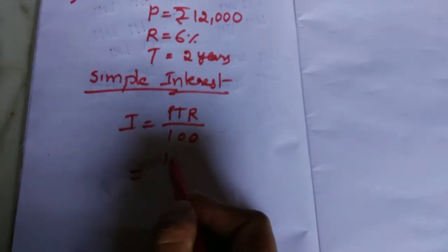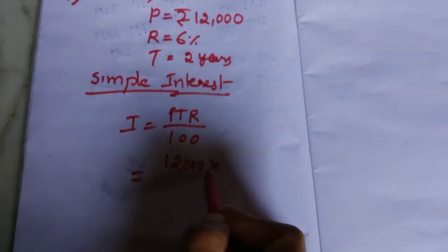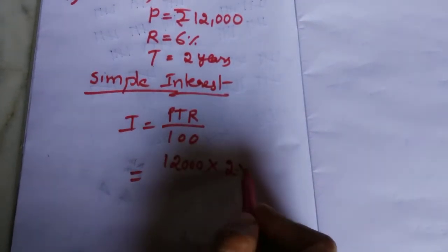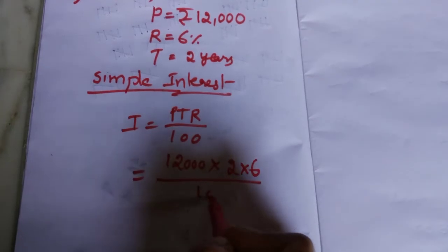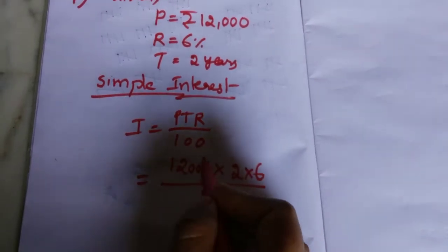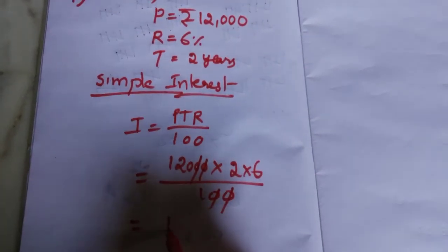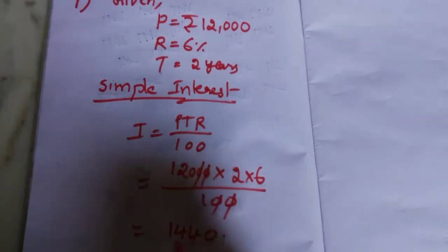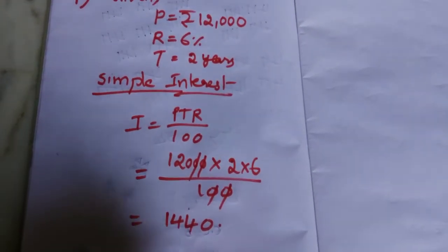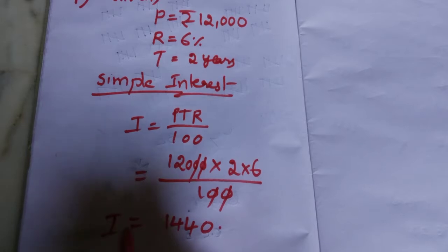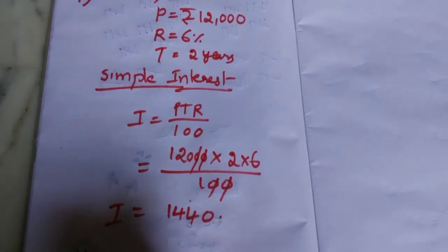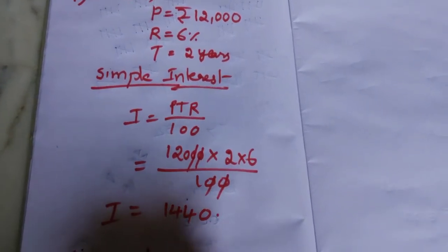P is how much? 12,000 into 2 into 6 by 100. 0, 0, 0, 0. 1440. That is the interest. We need to find the amount also, no? Find amount.